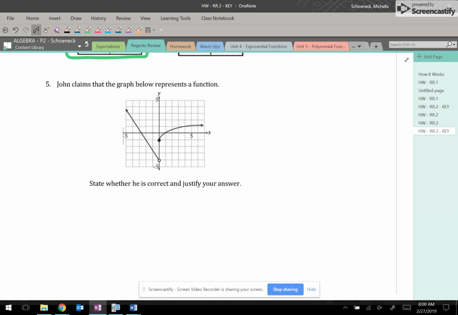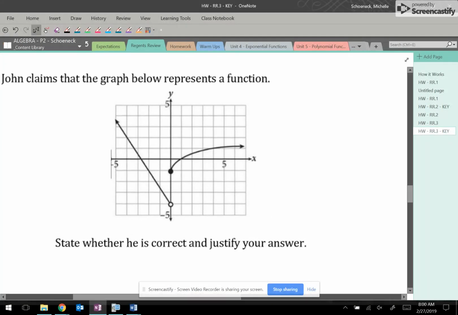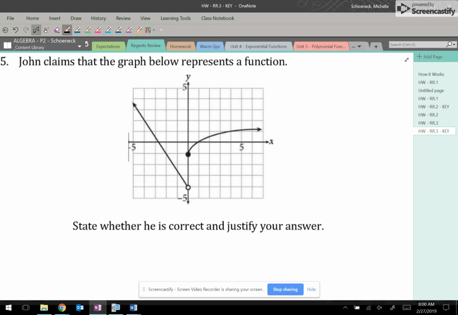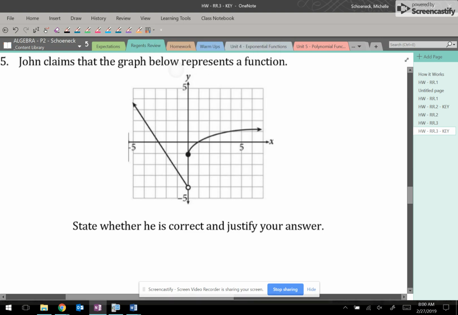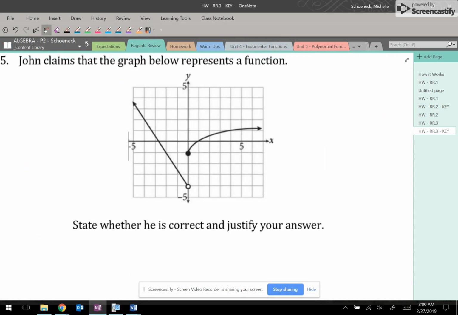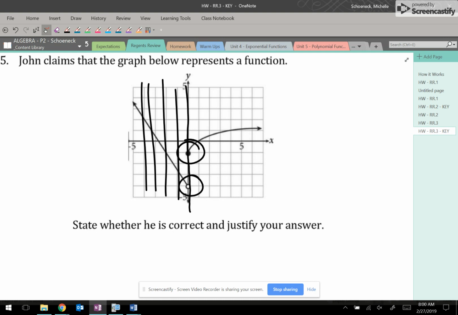Number 5, John claims that the graph below represents a function. State whether he is correct and justify your answer. Well, we have to see if it passes the vertical line test. Any vertical line I draw needs to go through only one point. So far it does. When I go here, even though there are these 2 points, since one is open and one is closed, or one's filled in and one's open, that means they don't actually share the point.